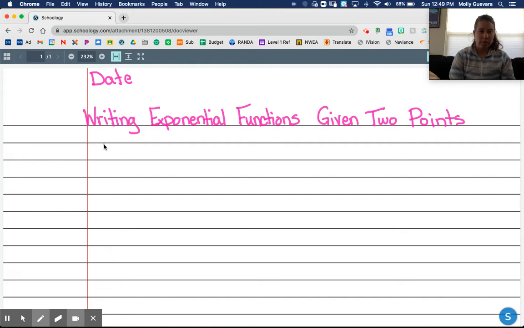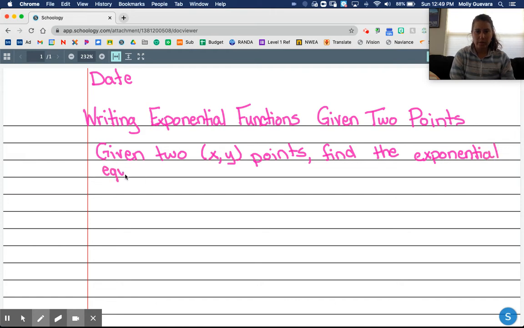Okay, so the first thing that we're going to say is that if I'm given 2 xy coordinate points, so I'm given 2 points, that means I can find the exponential function or equation in the form of my exponential graph, which is a times b to the x.